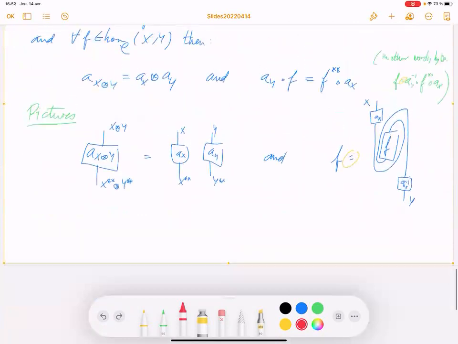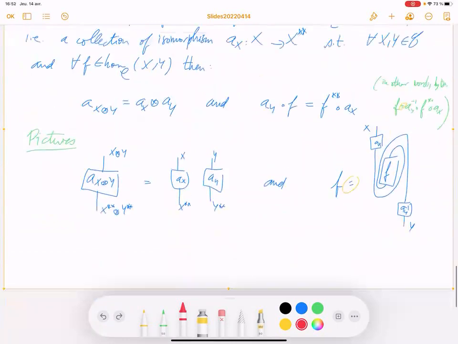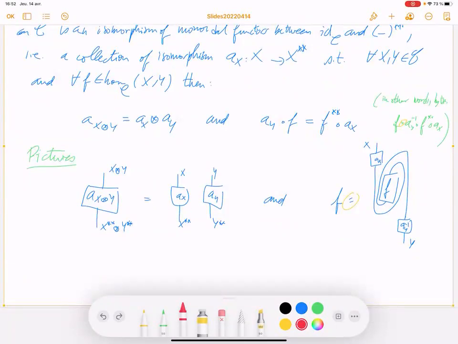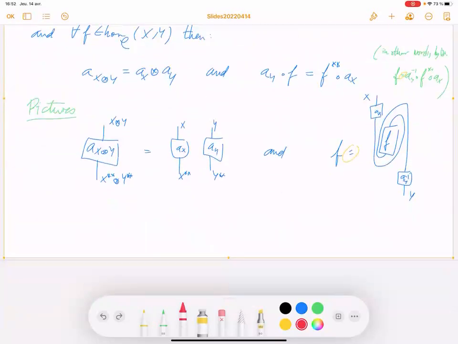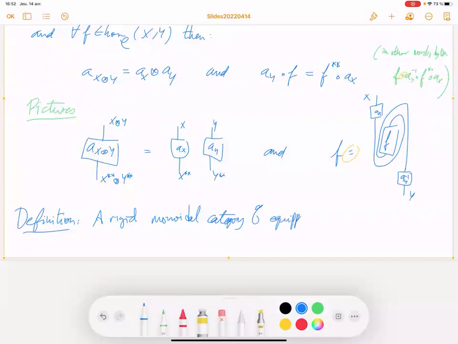Okay, so what about next? Definition. It's almost the end of today's session. A rigid monoidal category C equipped with a pivotal structure is called pivotal.